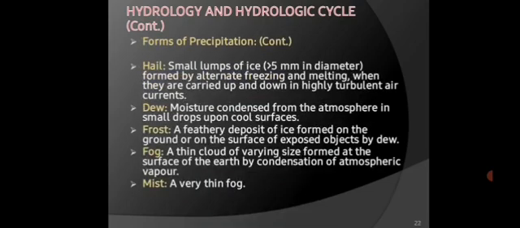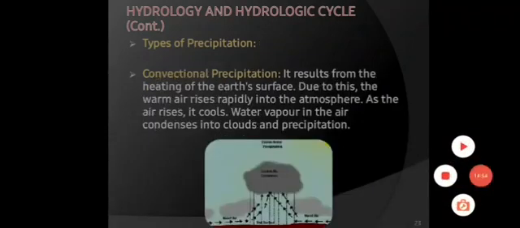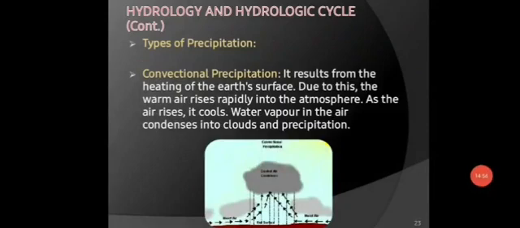Right, so these are the forms of precipitation. The next topic is types of precipitation, right? So first is the forms, in which form rain falls, and types, by which process the rain falls, precipitation occurs.